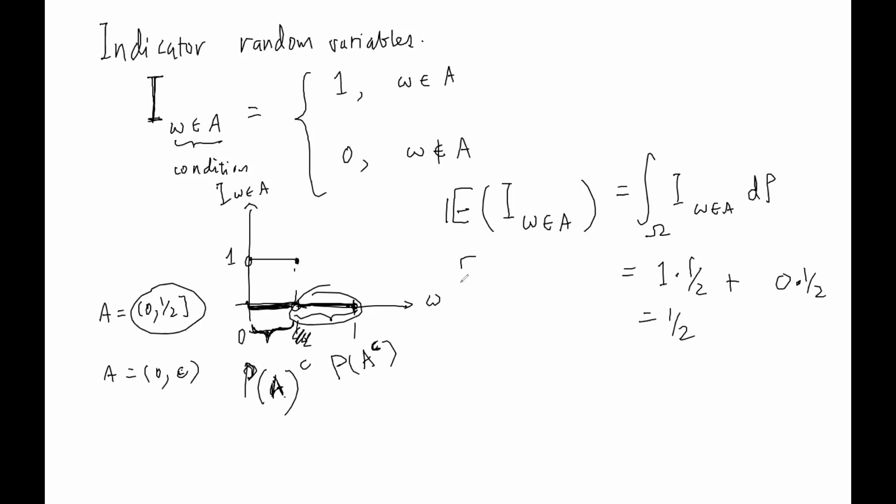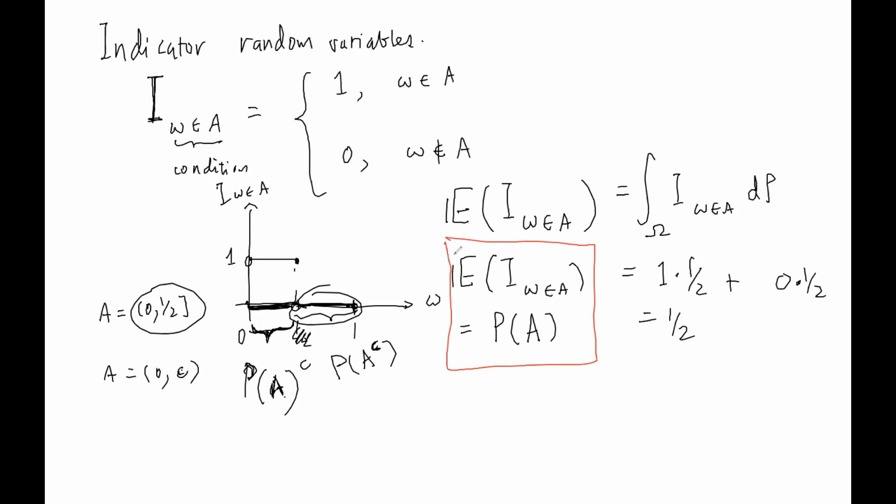So in general, the expectation of the indicator function is, since this is 1, you multiply by the Lebesgue measure, so you have P(A). All right. So this is an important result. The expectation of an indicator function is given by the probability measure of the set of interest.